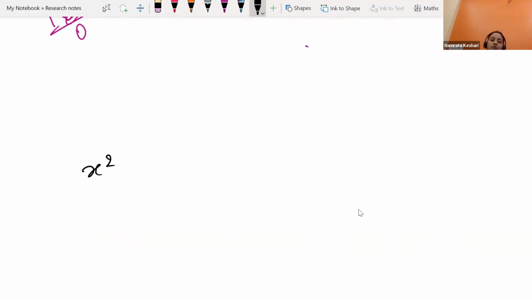Suppose we are having x square minus 3x minus 10 is equals to 0. Let's please split the middle term and do the factorization. You are telling me what are we going to get? Okay, 1 second.